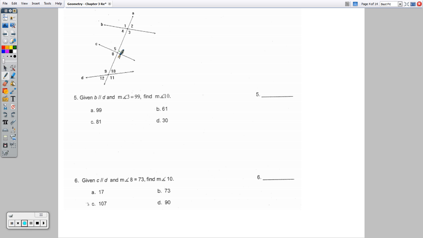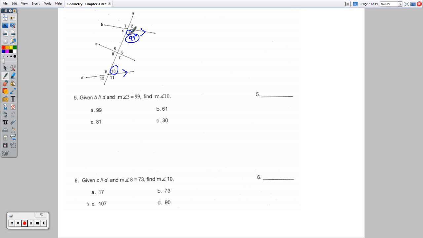It's the same picture again here, still referring to that same figure. So given that B is parallel to D, now if you look at the picture, that definitely doesn't look like that's the case, but let's assume that that was the case. And if the measure of angle 3 was 99 degrees, we're supposed to find the measure of angle 10. So I would look at this one and this one.